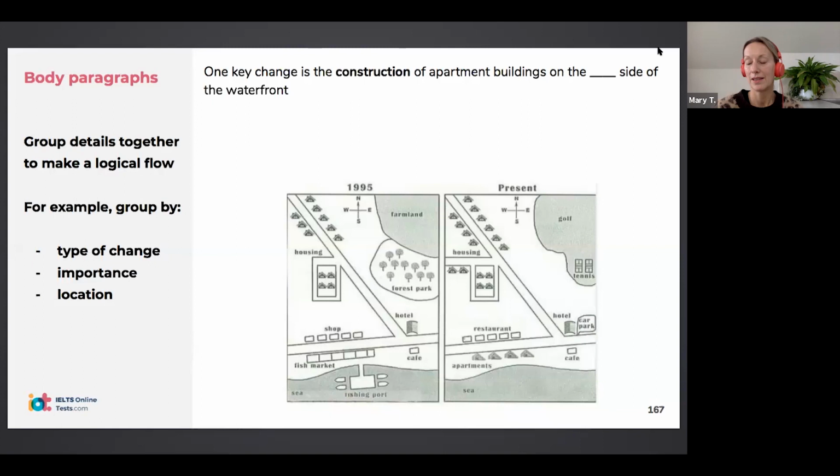And then we have a phrase for location on the, so whereabouts are they? If you look at the map, they're not the north. The west side of the waterfront, okay. So as you can see, we're starting at the bottom here. You just need to pick a place to start and then kind of work around. I would probably do it in a clockwise direction maybe.